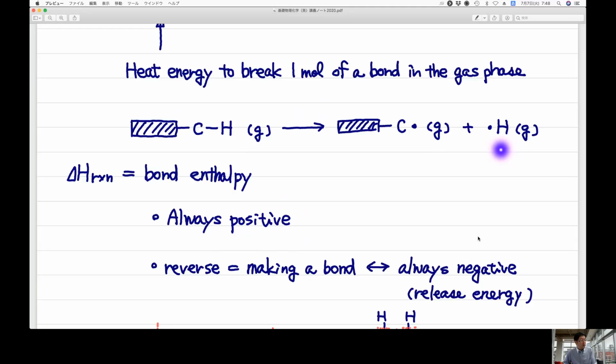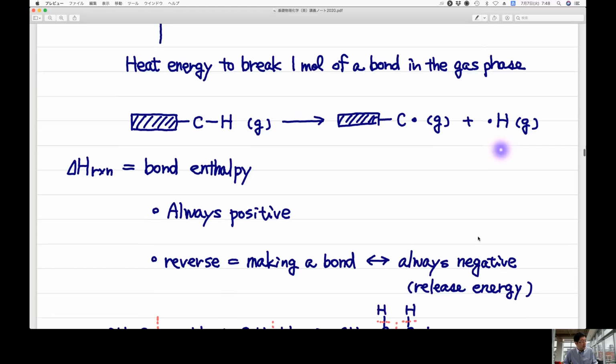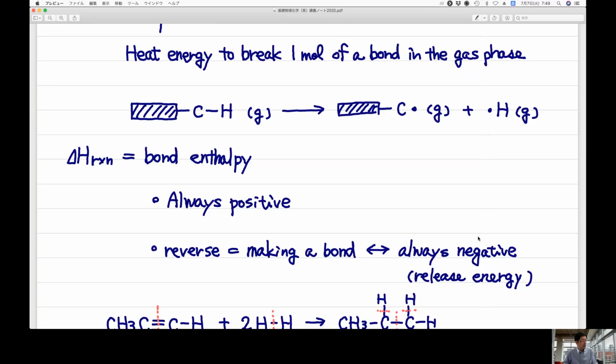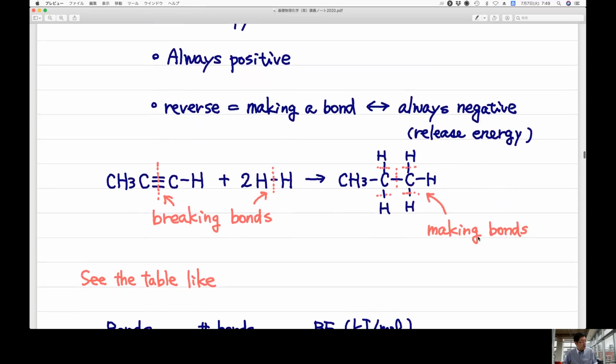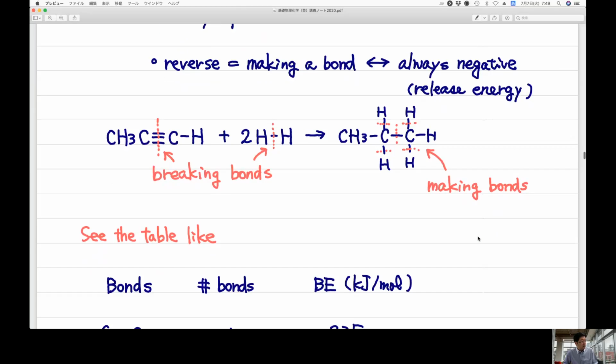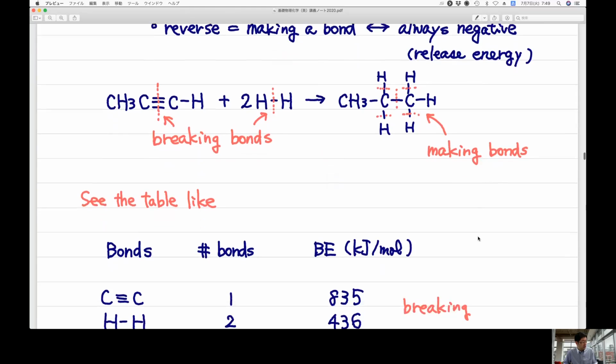So if you think about making a bond, in that case the bond energy is always negative. I mean the released energy. By the use of this method, we can easily calculate the change of enthalpy of a chemical reaction by the use of the table of bond energies.